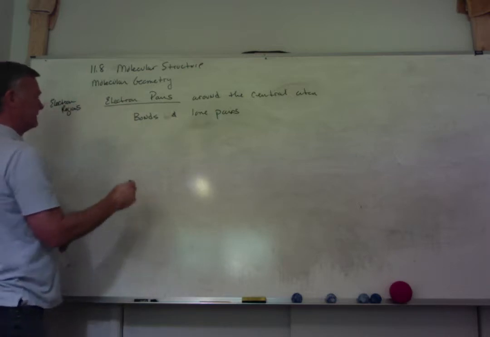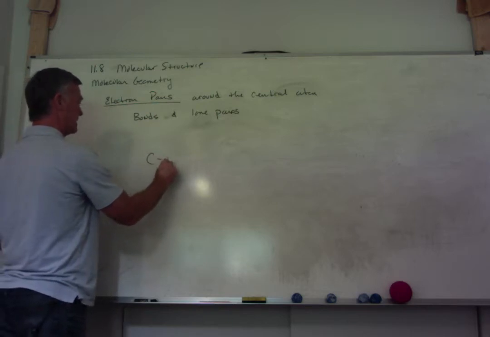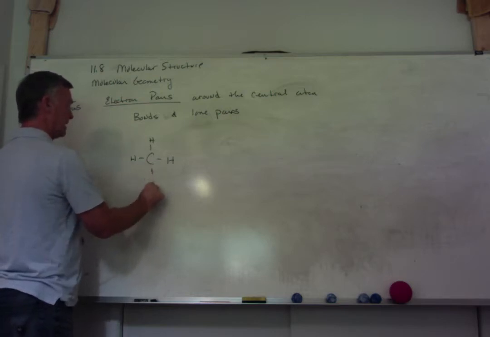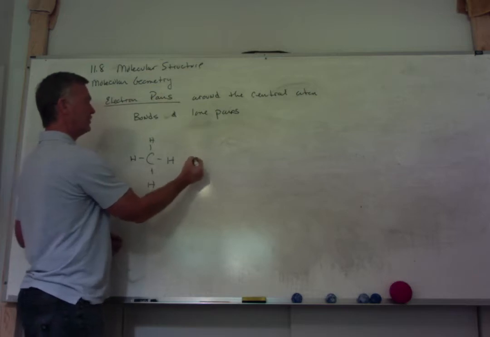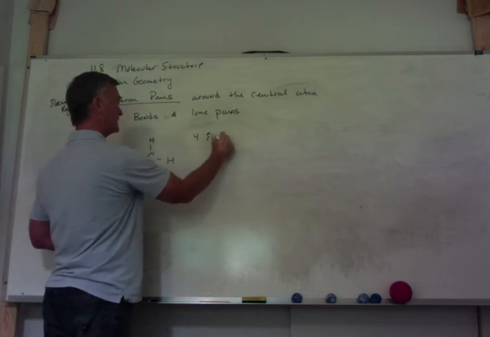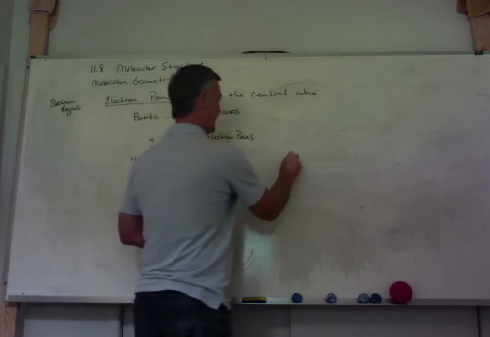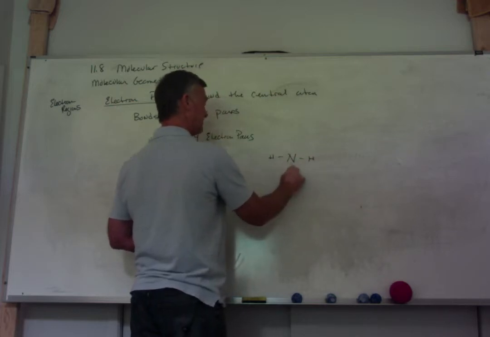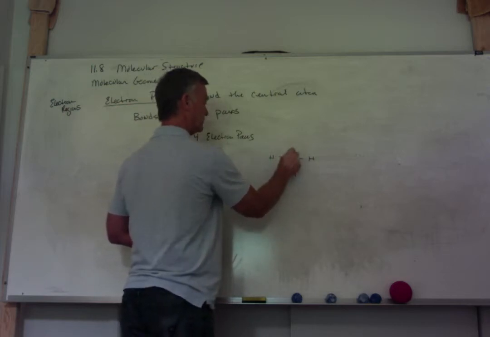So for instance, let's say that we had something like this, which is methane gas. We would say that there are 4 bonds, no unshared pairs. So this would have 4 electron pairs. That's where your book is going to talk about it. Let's say that we had NH3, which is ammonia. And I'm doing this very quick because we don't have a lot of time.